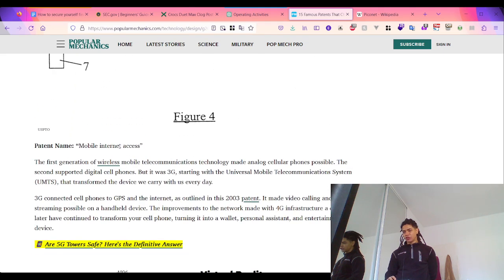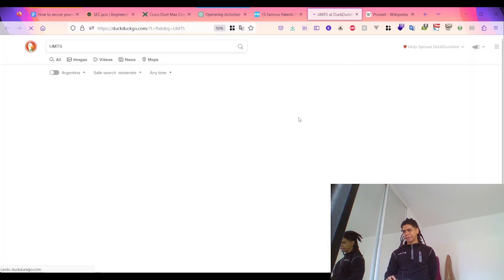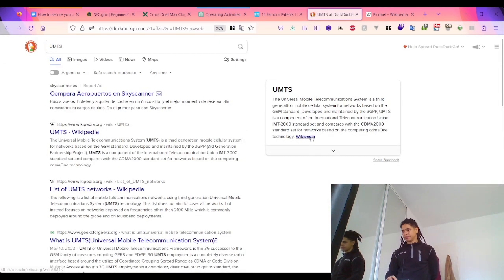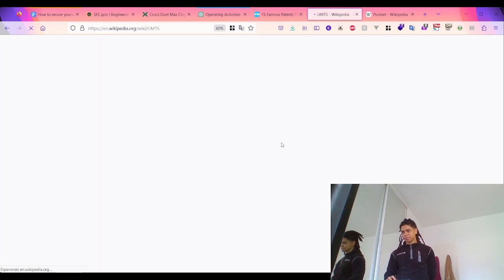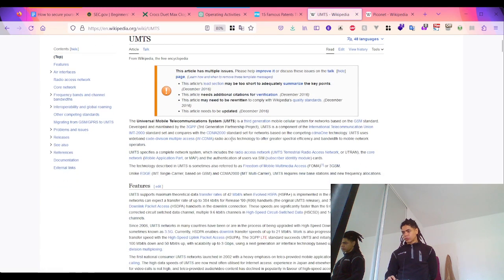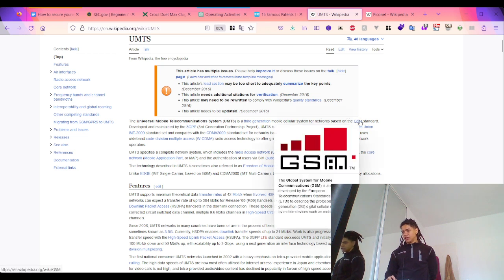This mobile internet access, the Universal Mobile Telecommunication System, is a third generation mobile cellular system for networks based on the GSM standard.